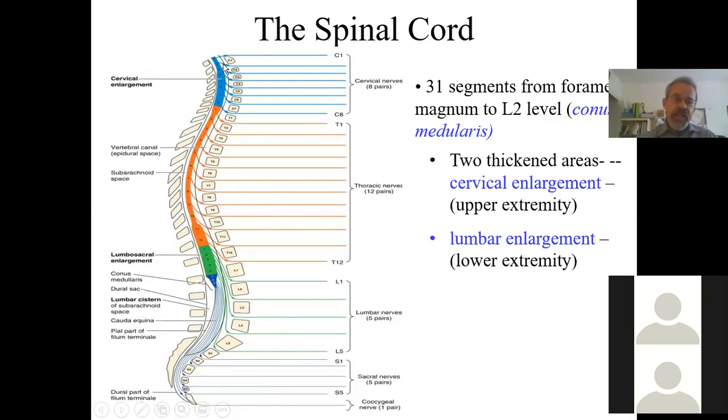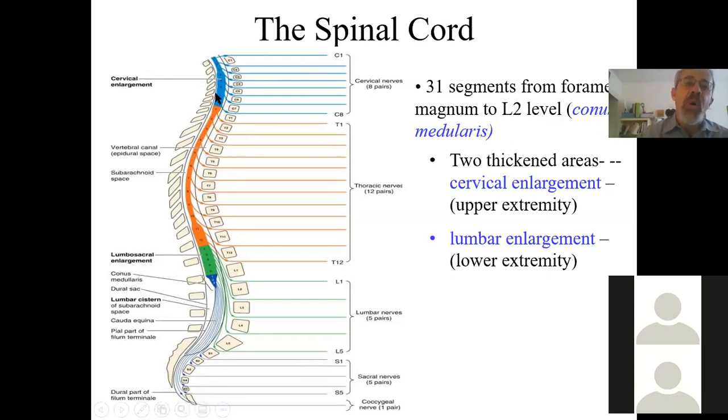So this is the spinal cord, the different regions. With each region, we have nerves that are going to and from the spinal cord, right? And these are, remember, part of the peripheral nervous system. If you think of the central nervous system as being the brain and the spinal cord, the nerves that are going to the brain and spinal cord and away from them are a part of the peripheral.